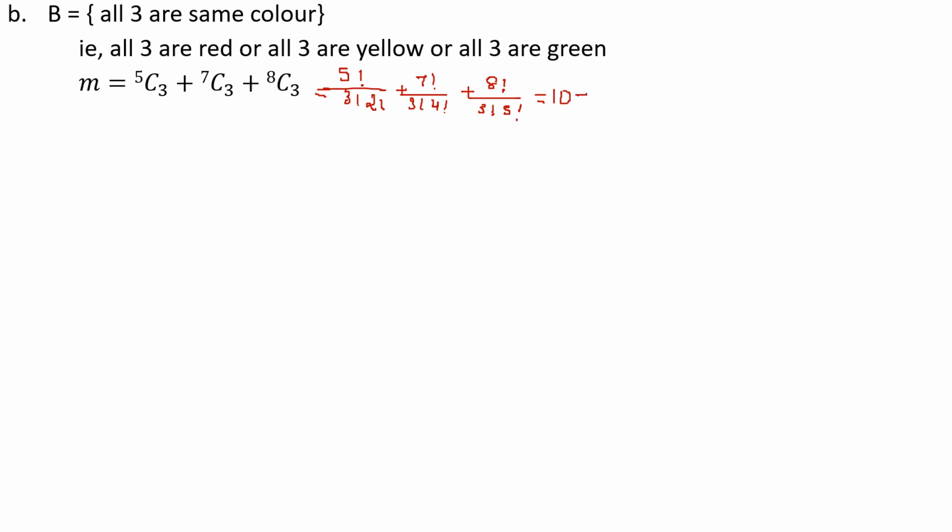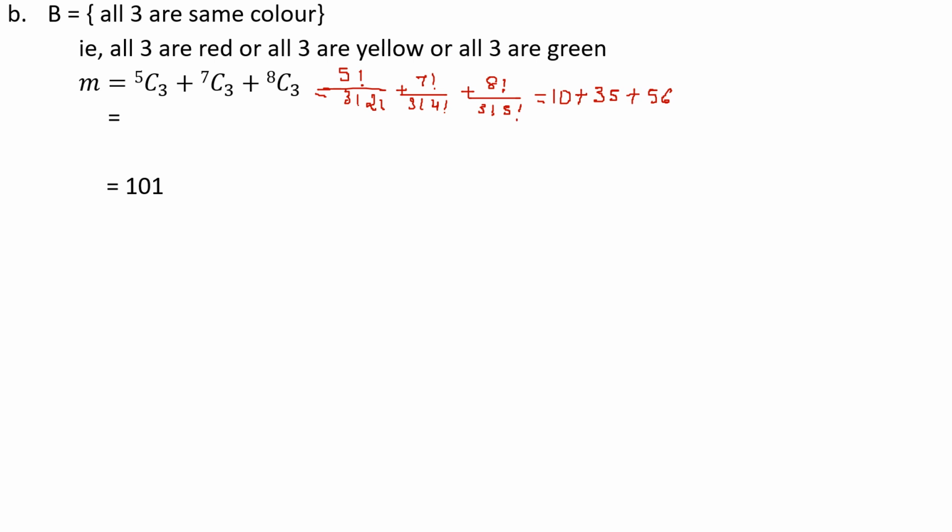So 7C3 will be equal to 7 into 6 into 5 divided by 6, that will be 35. So 8C3 will be 8 into 7 into 6 divided by 3 factorial, that will be 8 into 7, 56. So total M is equal to 10 plus 35 plus 56, which is 101.